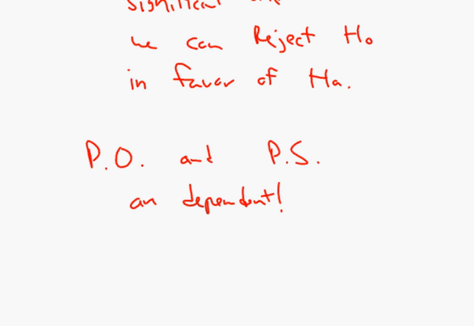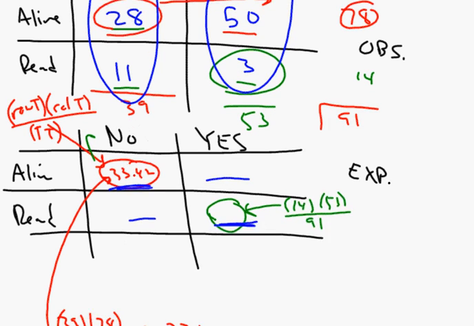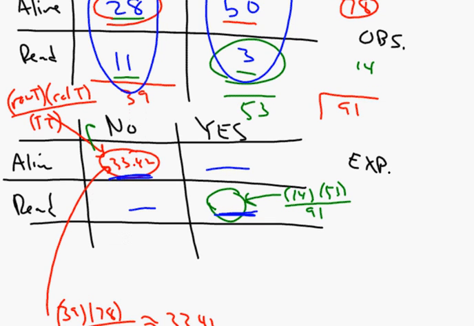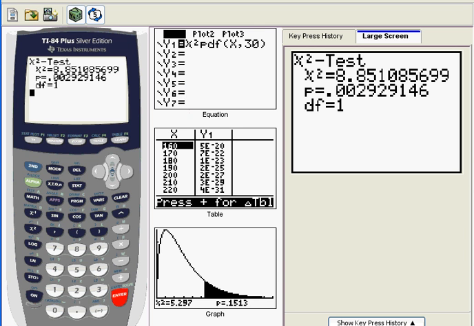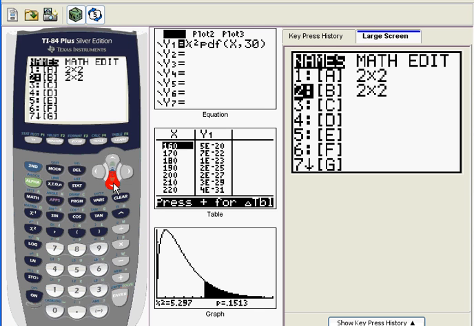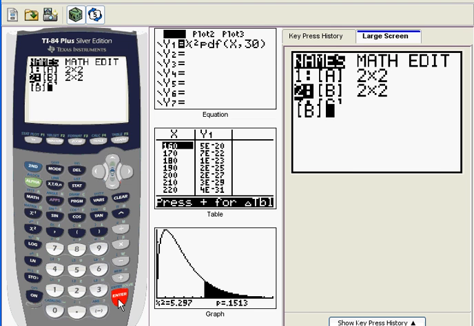Now, before I leave the chi-square test, I just want to show you one of the neat things. You remember we started to calculate our expected matrix here. If you go to the calculator now and go to matrix, you'll notice matrix B is there. And if you hit enter on it, oh, hold on a second. Something happened there to my calculator.